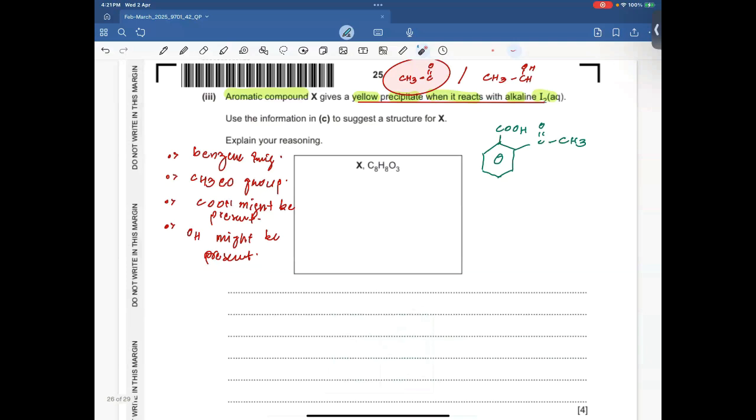So this structure is not possible. Let me count again: 1, 2, 3, 4, 5, 6, 7, 8, 9. 9 carbons, so this structure is wrong because carbon should be 8. Second possibility.